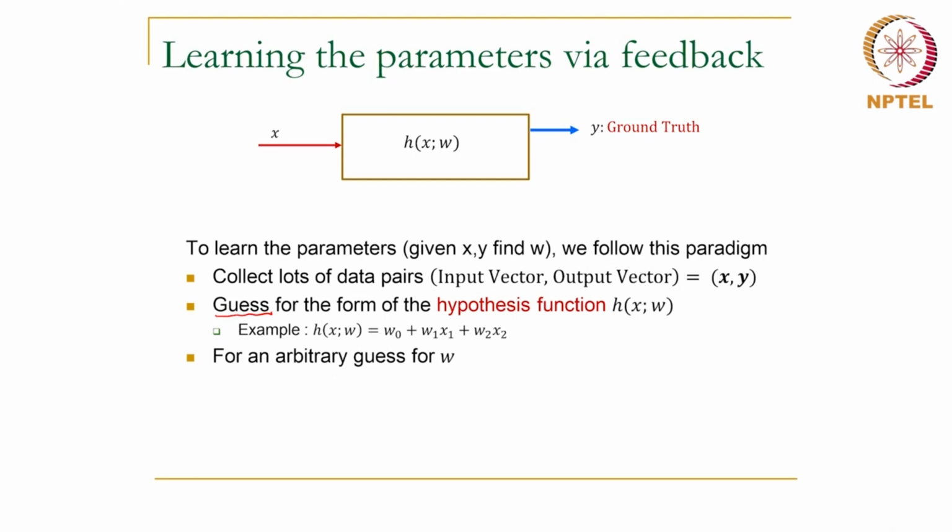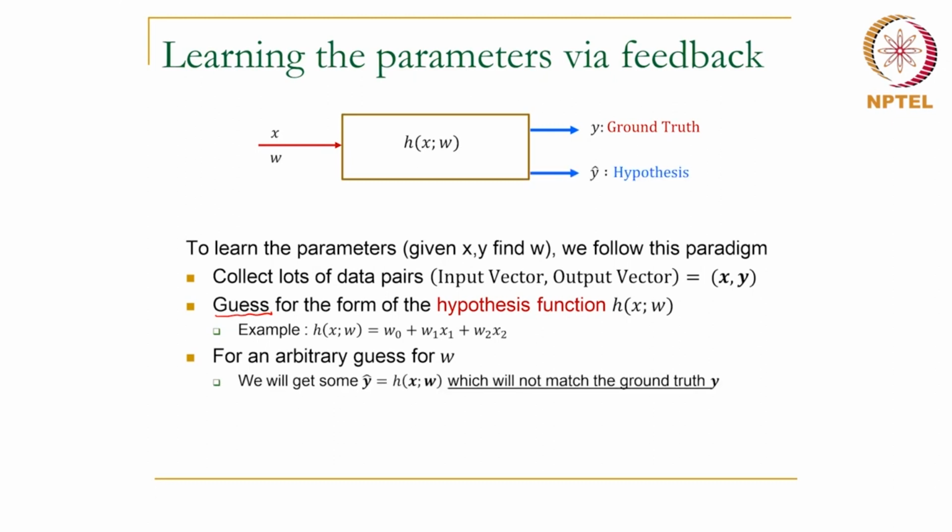And you will see that we are going to do something very similar even in machine learning. But what we do is we take an arbitrary guess for w. So you make a guess for w, give some w. You will get some output, and this is the output due to your hypothesis. Typically, what will happen? These two will not match. Obviously, you took an arbitrary guess for w. Why should it match?